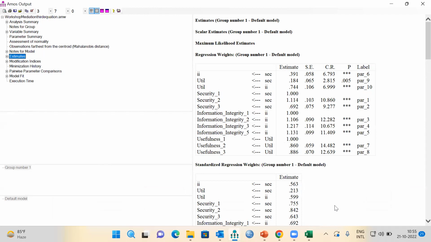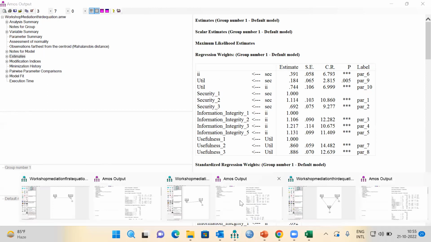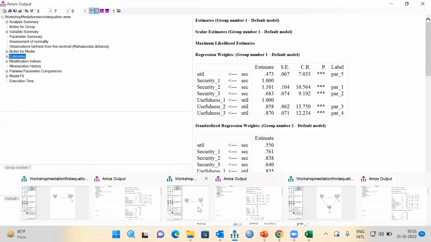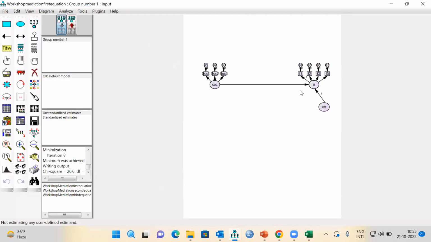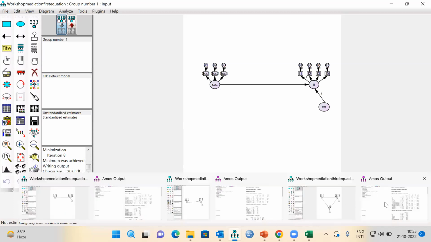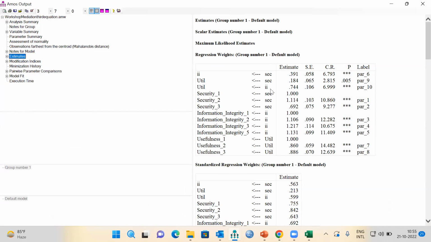So either the direct path is significant, SEC affecting utility, the direct path is significant, and either X to M or M to Y, that means the mediator to utility, should have been non-significant. That means there is no mediator effect and there is no mediation.